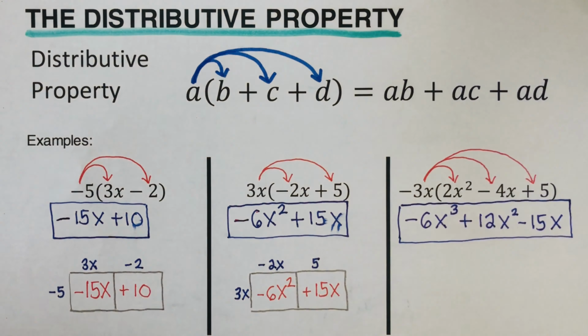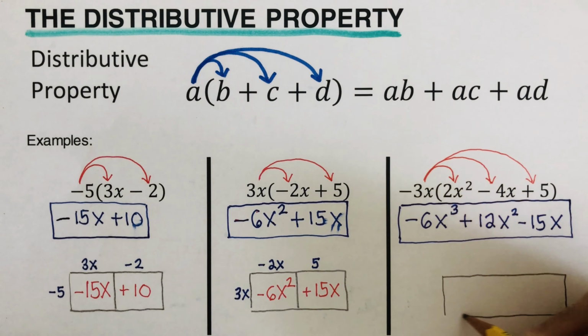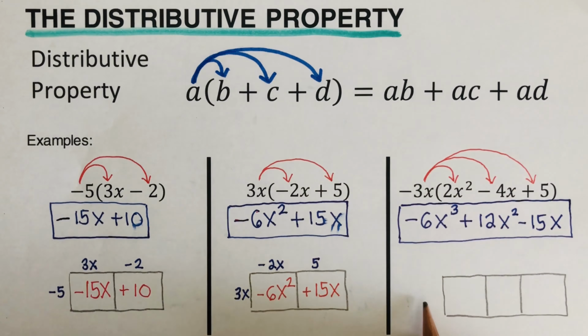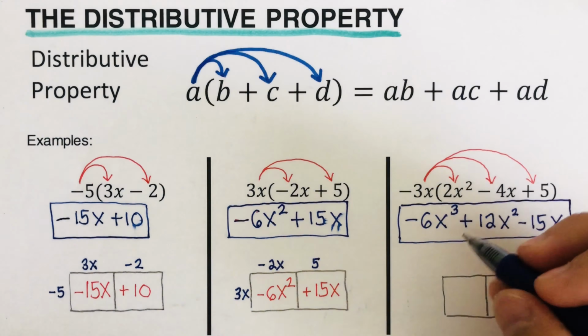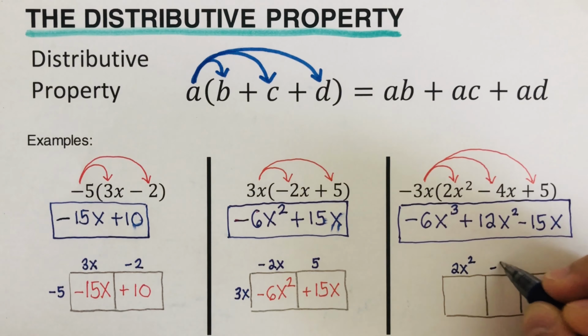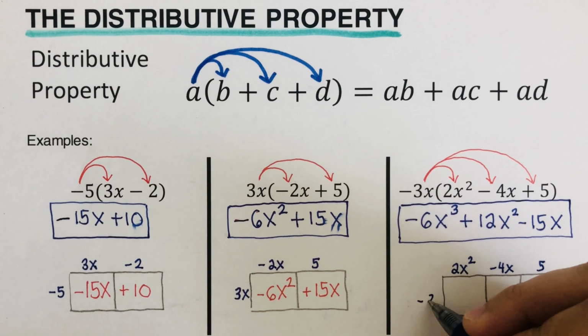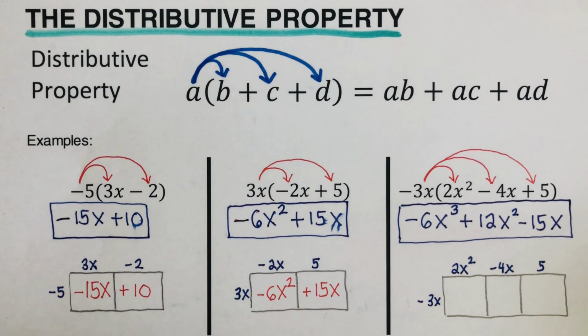We can also use the area model for this. So the dimension of the box that we're going to use would be 3 terms, so 1, 2, 3, and there's 3 columns and 1 row. So the expressions that we're going to write here would be 2x squared, minus 4x, and then 5, and then we get a negative 3x. Then we're going to multiply these 2 expressions.